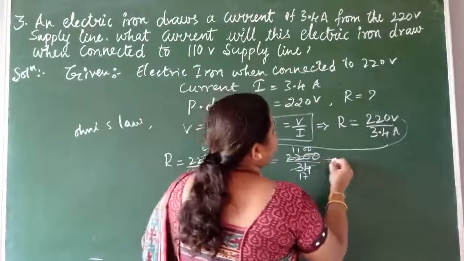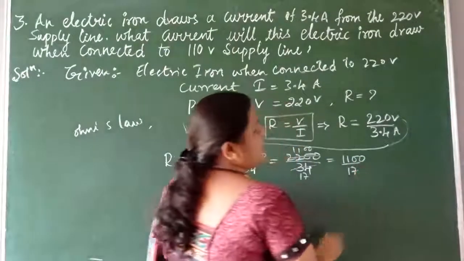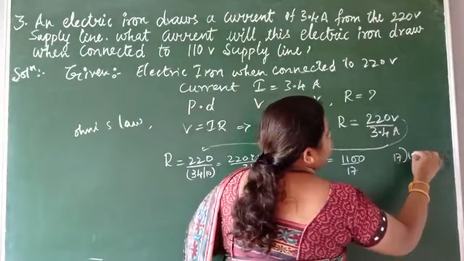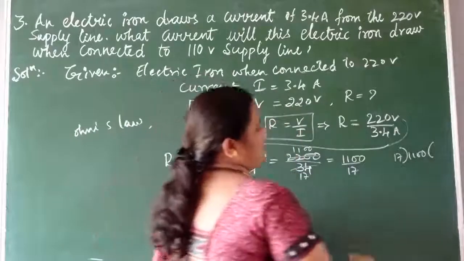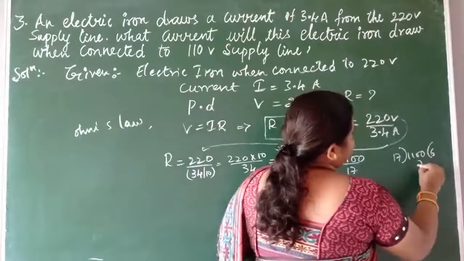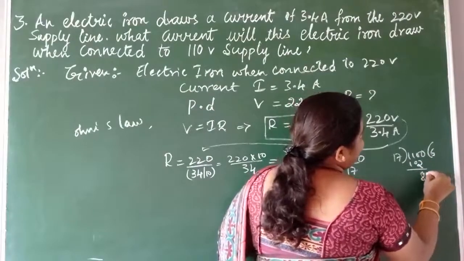Now calculate this. 1100 divided by 17, isn't it, children? Here 110 means 6 it can go, children, because 6 17s are 102, isn't it? 8 has remained and 0.